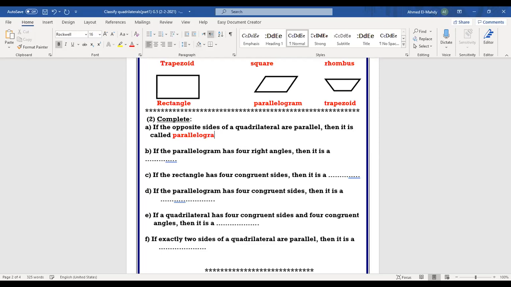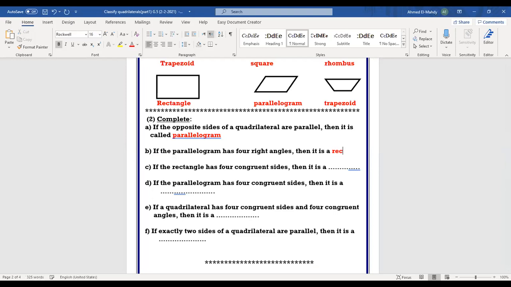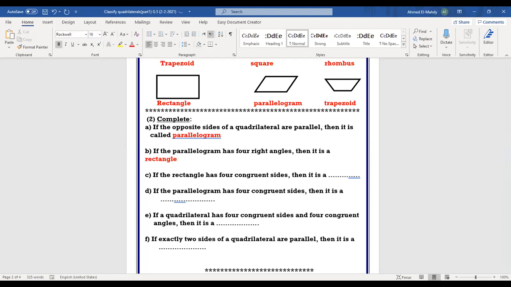Thank you. The next one, Isil. If the parallelogram has 4 right angles, yes, it will be a rectangle. The rectangle is a parallelogram, but with 4 right angles.